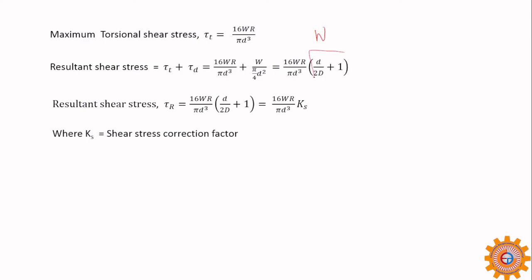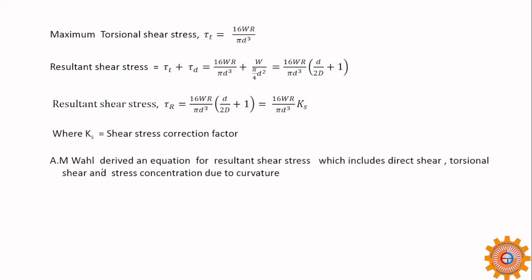Next one. So the resultant shear stress is this. If you simplify this one, this becomes Ks, that we call the shear stress concentration factor. So Wahl derived an equation for resultant shear stress, which includes direct shear that we have discussed and torsional shear, and this is the stress concentration due to curvature.